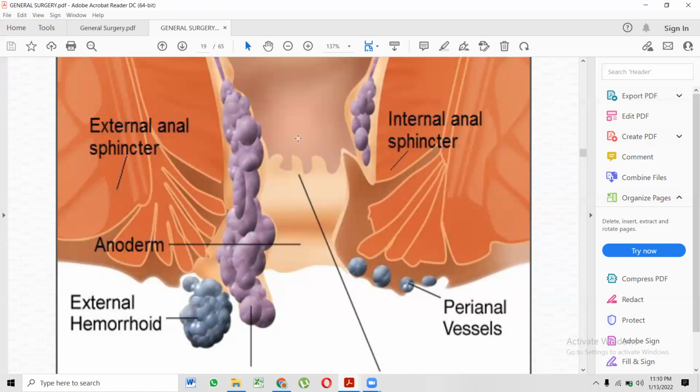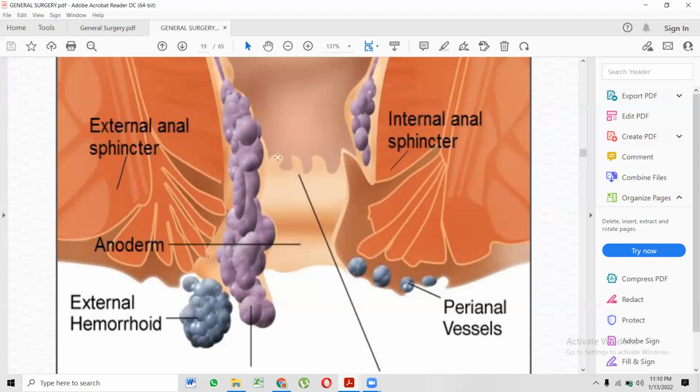So there are two types of hemorrhoids, internal hemorrhoids and external hemorrhoids. This one is the pectinate line. A hemorrhoid which is above the pectinate line or in the upper anal canal is called an internal hemorrhoid.